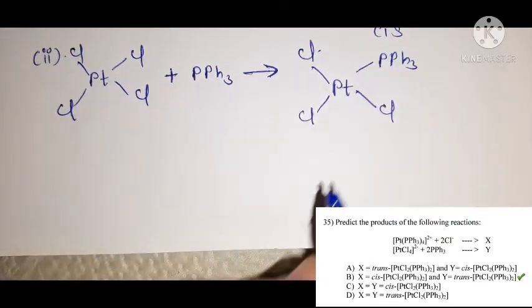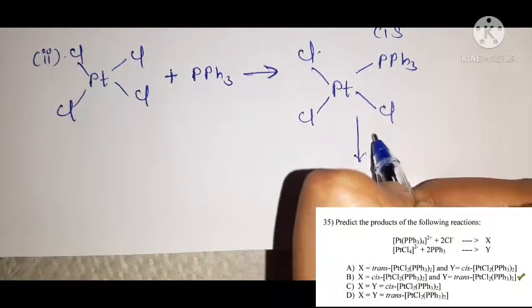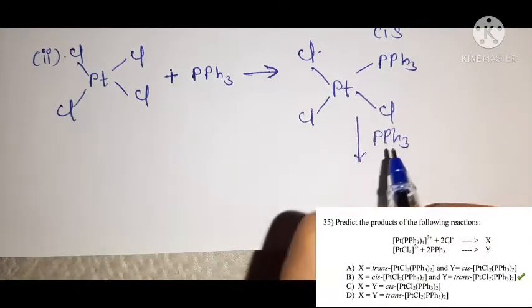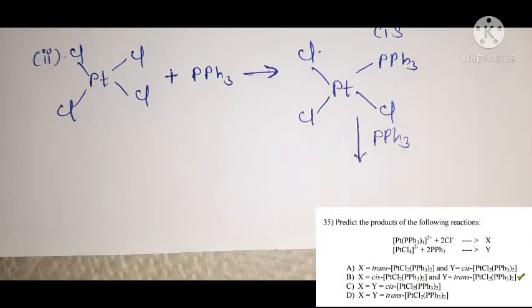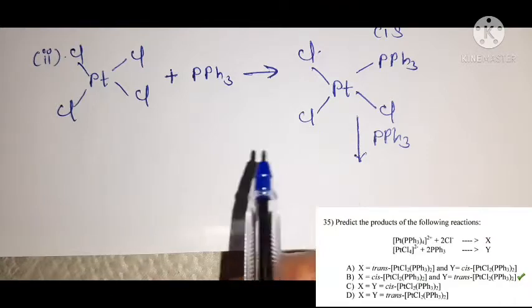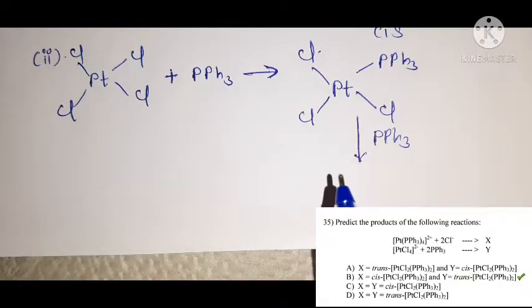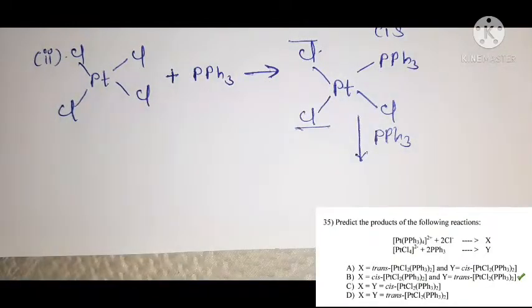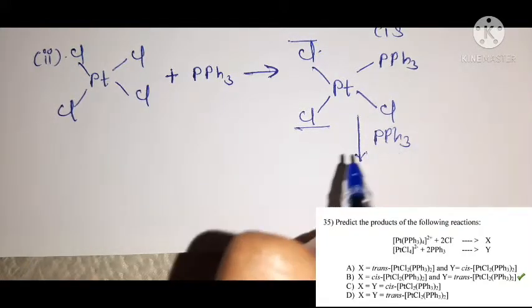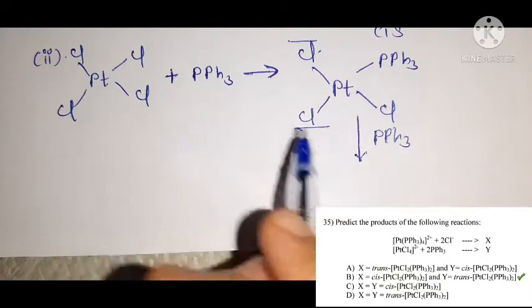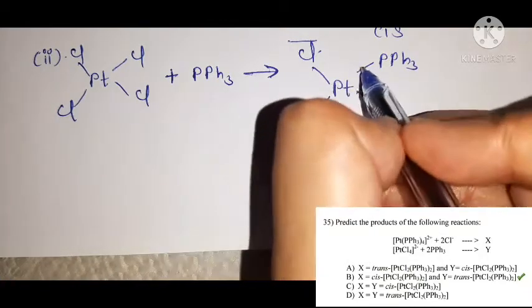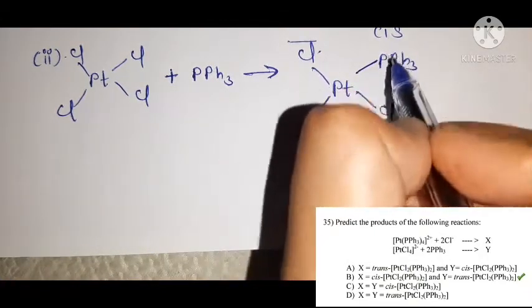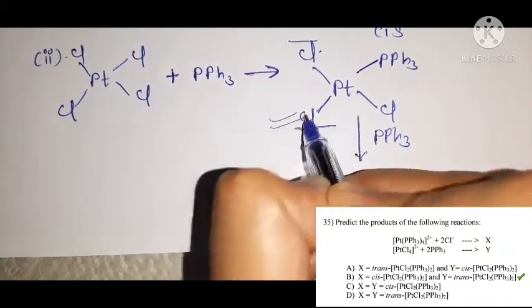After that the remaining triphenylphosphine molecule attacks this complex. Now see, here also there are two positions for attack, either this position or this position, and the deciding factor here is also the trans effect, and you know very well that the trans effect of triphenylphosphine is greater than chlorine. So now you clearly see that this position is preferred for attack.